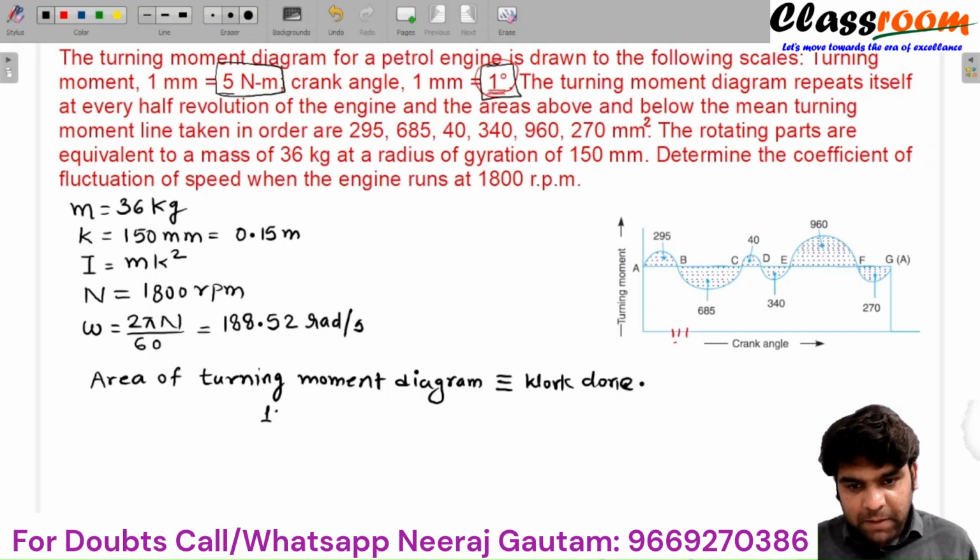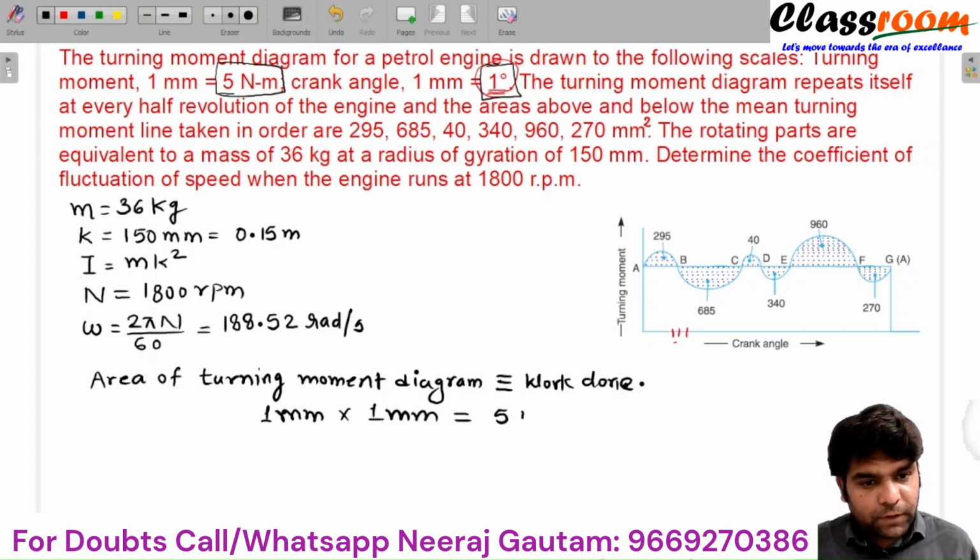So 1 mm into 1 mm is equivalent to the work done of 5 Newton meter into 1 degree. 1 degree means pi by 180 radians.